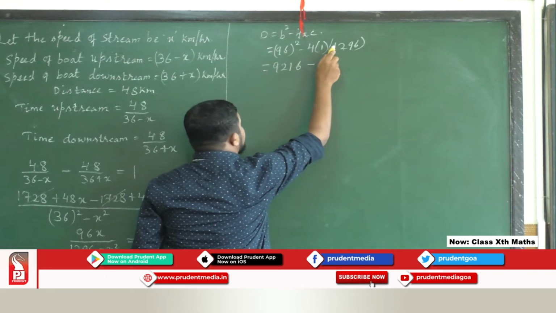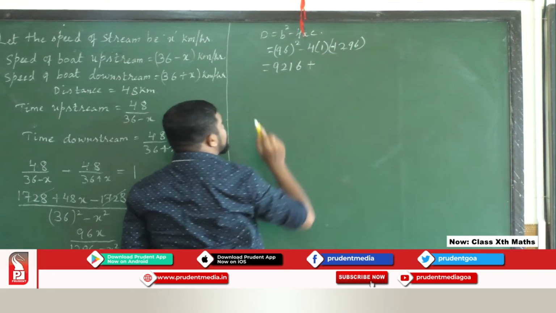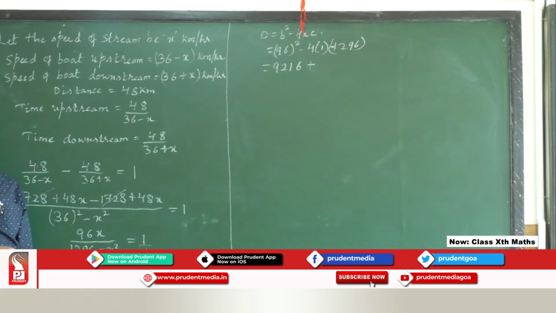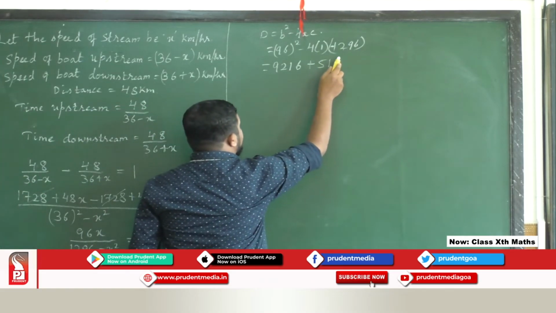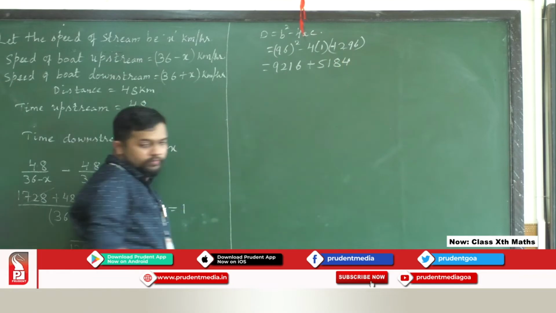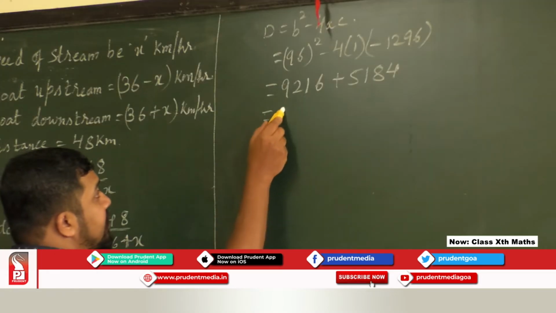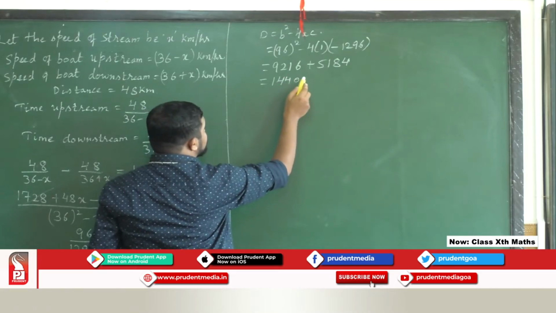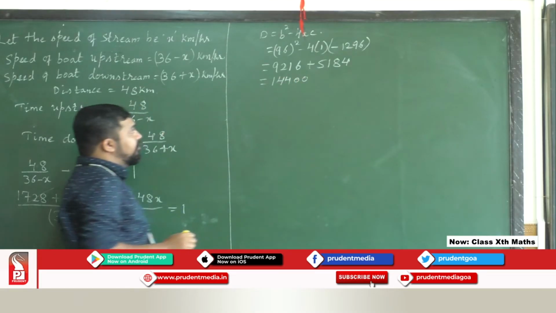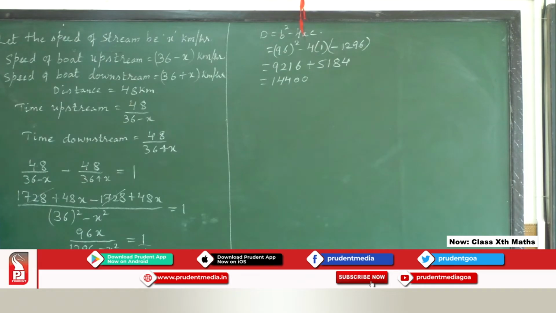So minus into minus will be plus. 4 into 1296 will be 5184. Add, it will give you 14400. 9216 plus 5184 is 14400.